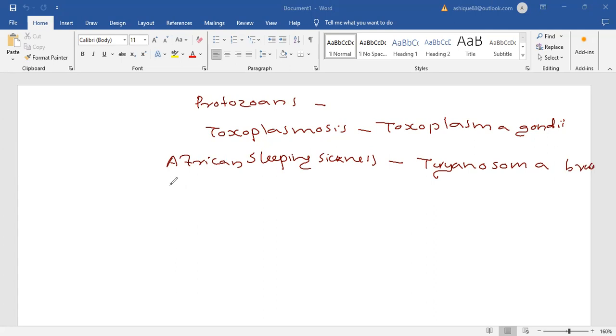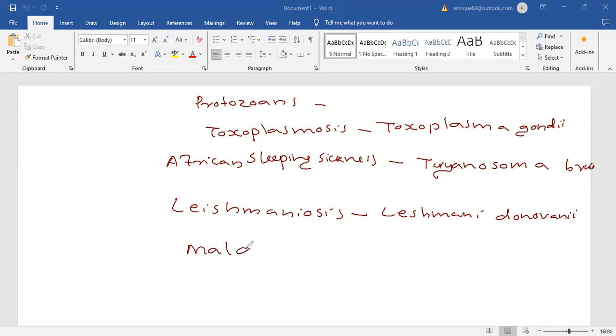Another one, leishmaniasis, is caused by Leishmania. Malaria is caused by Plasmodium. Three types of organisms are there: Plasmodium malariae, Plasmodium vivax, and Plasmodium falciparum. Okay.